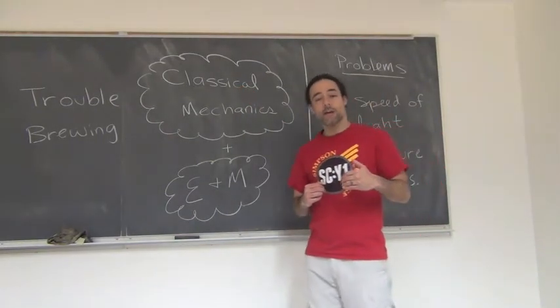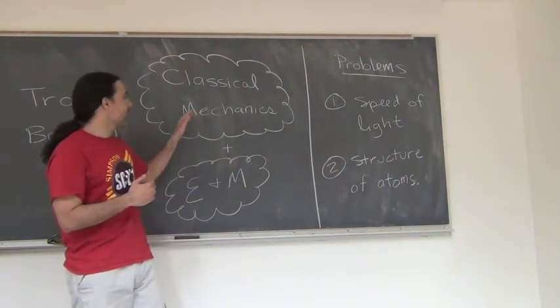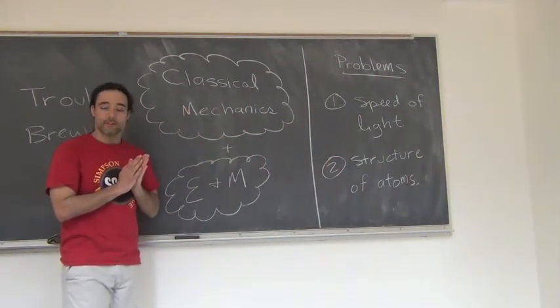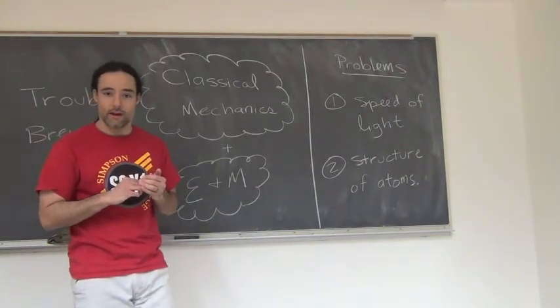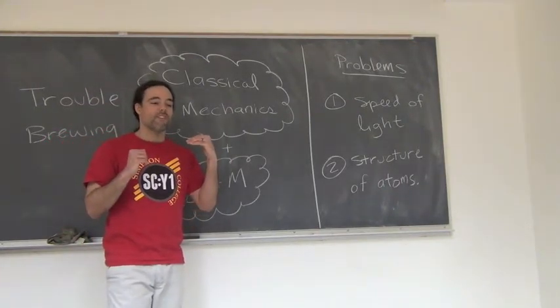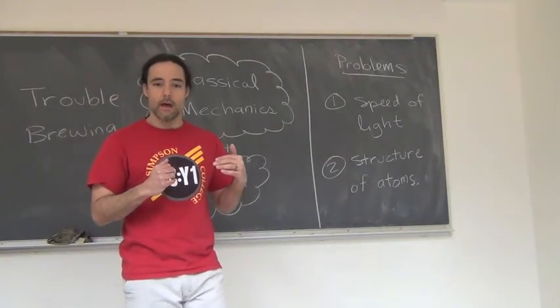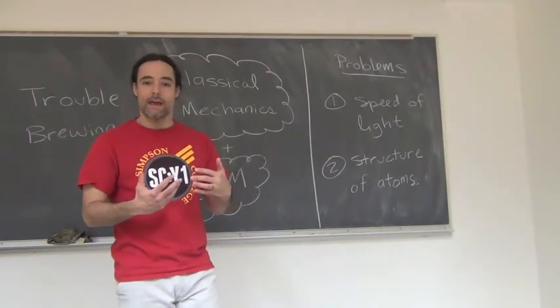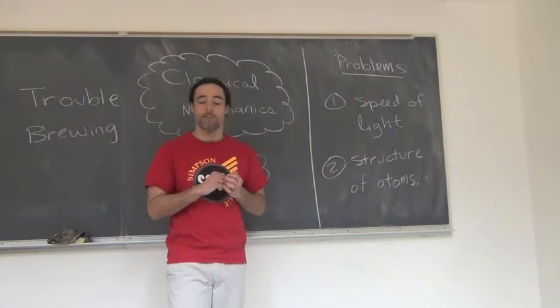And as we'll see, there are some problems that start to show up when we analyze this in that context, because it turns out that's not the only physics that's there. In 1900, just a few years later, physicists were about to see a huge explosion in the amount of knowledge we have about atoms, not just atoms, but the universe as a whole, how time and space really work.